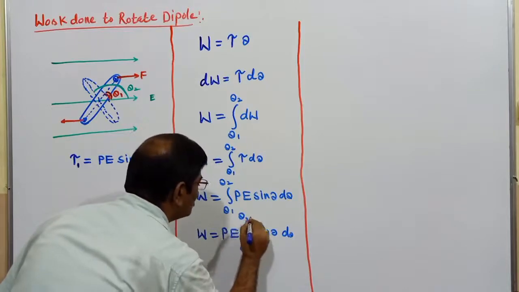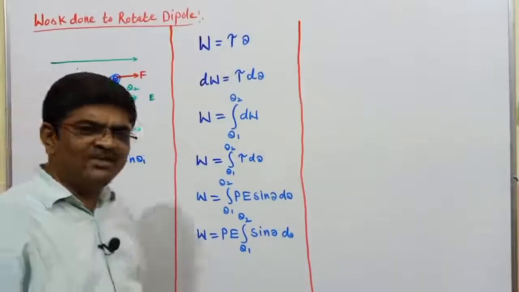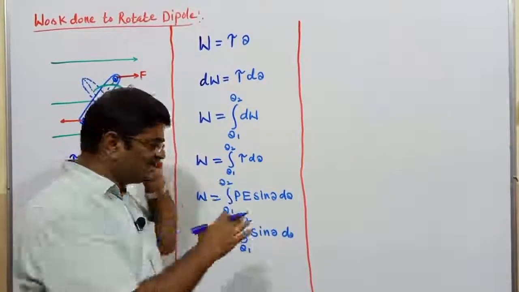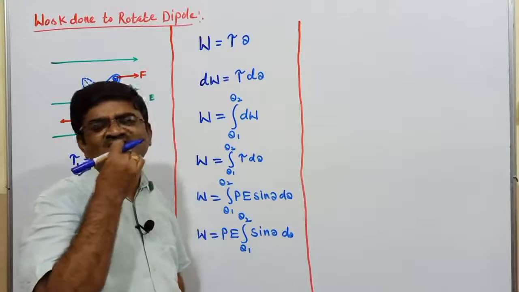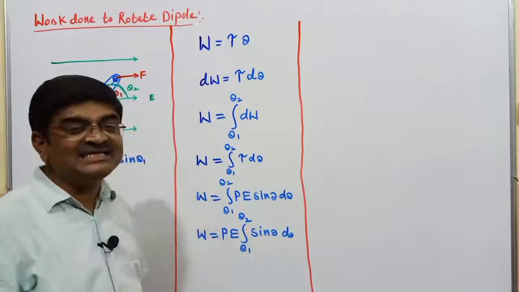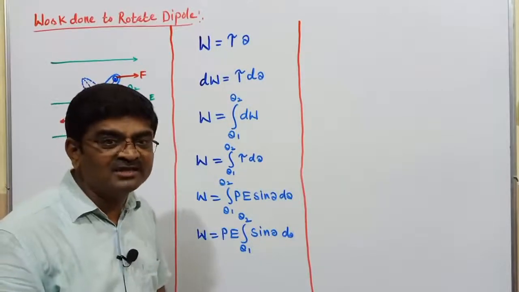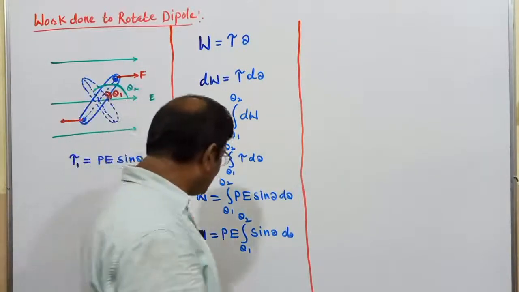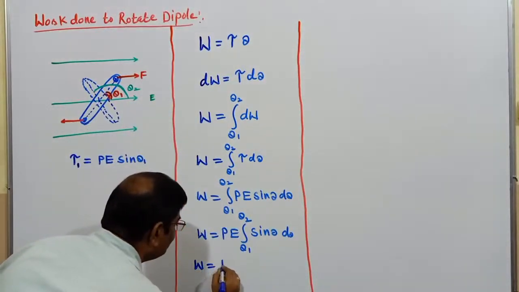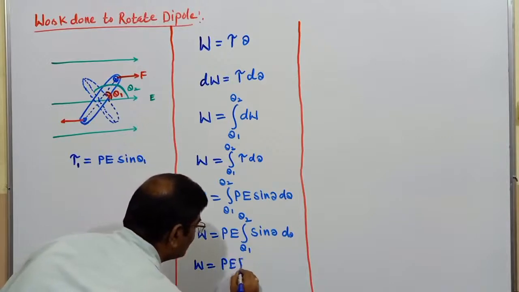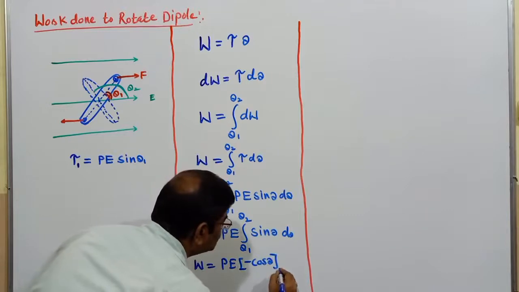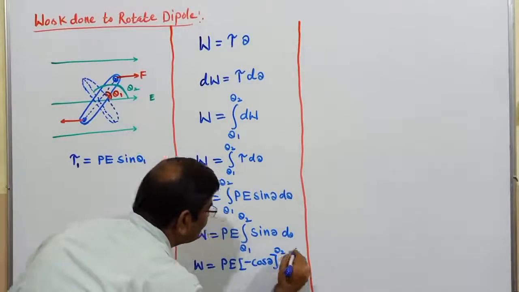Children, I think integration is not over to you, so don't break your head much. Once you understand integration, it will be more clear. For your information, the integration of sin theta is minus cos theta.